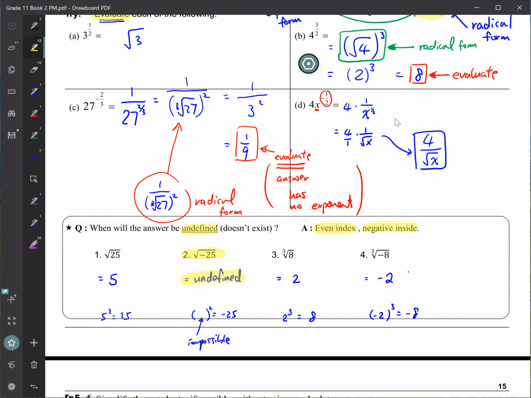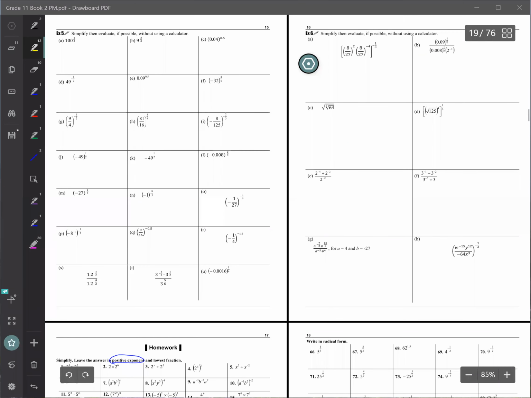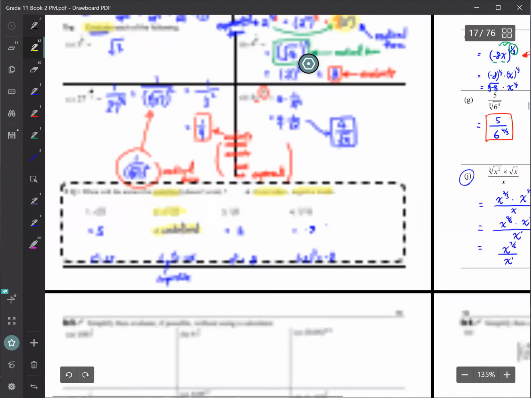Okay? If it's an odd number like cube root, fifth root, those are okay, right? Seventh root, you probably won't see the seventh root. So those ones, it's okay to have a negative inside, okay?